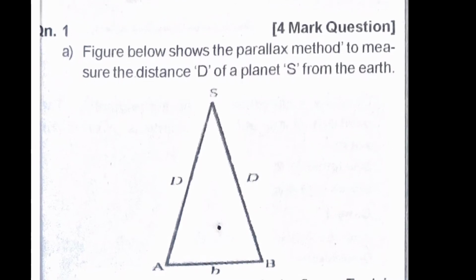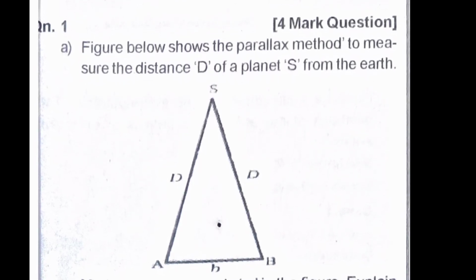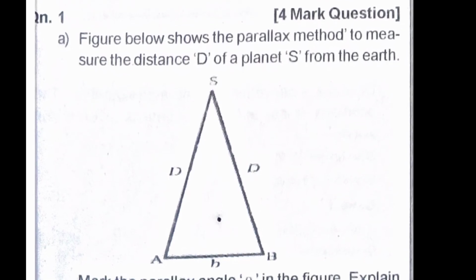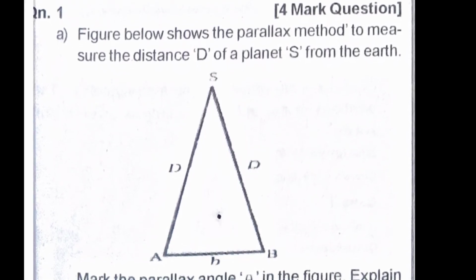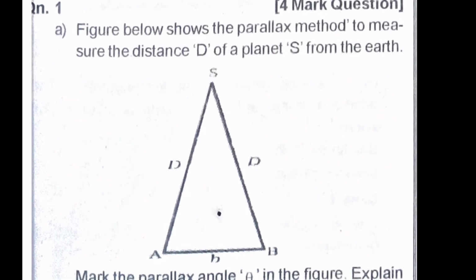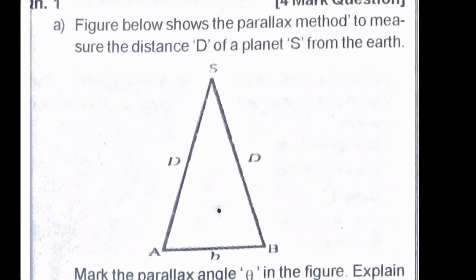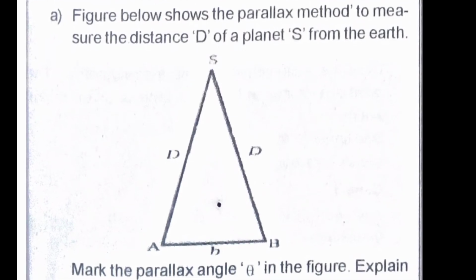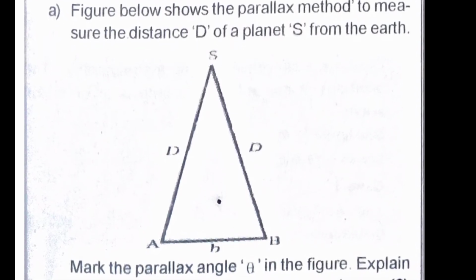The question is from the year March 2017. This is also a 4-mark question. Here we have 2 parts. The first question is: the figure below shows the parallax method to measure the distance D of a planet S from the Earth. A figure is given here.